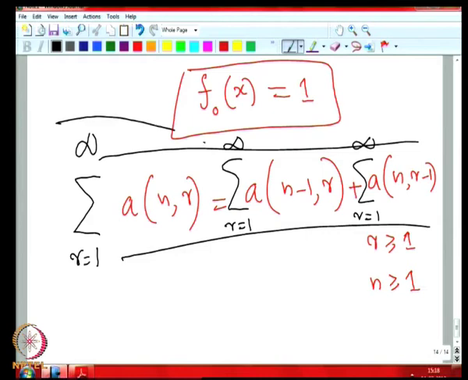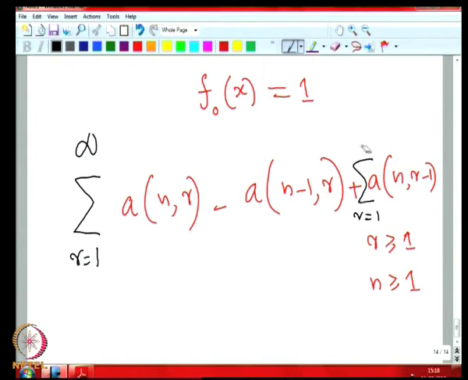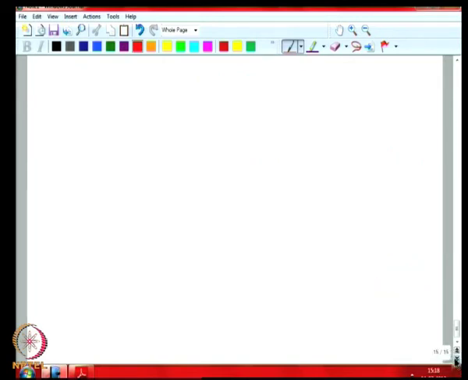I am sorry. What we have to do is each term should be multiplied by x raised to r, so I will make it clearer. Before summing this, what I should do is, so we write like this. Now, I will go back once again.